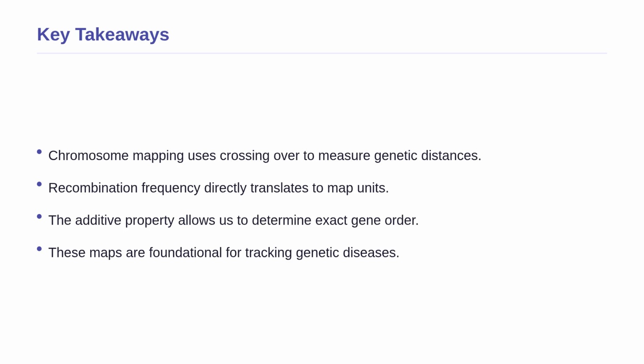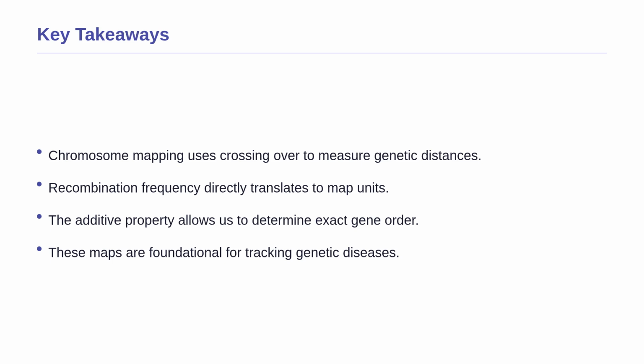To wrap up our lecture, let us review the most important ideas we have covered today. First, chromosome mapping is a brilliant method that uses the natural biological process of crossing over to measure invisible genetic distances. Second, by calculating the recombination frequency, we can determine exactly how far apart genes are, translating that percentage directly into map units.